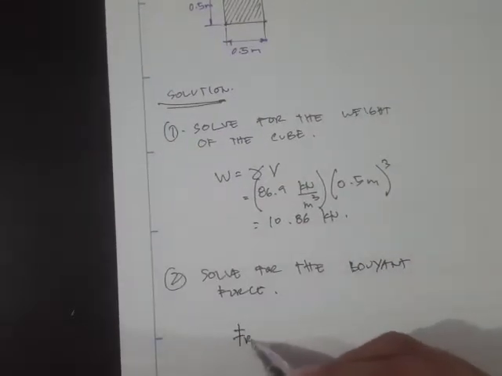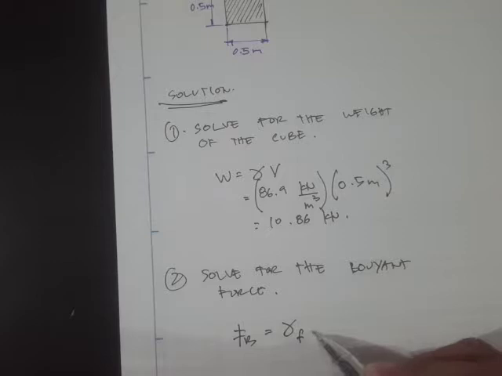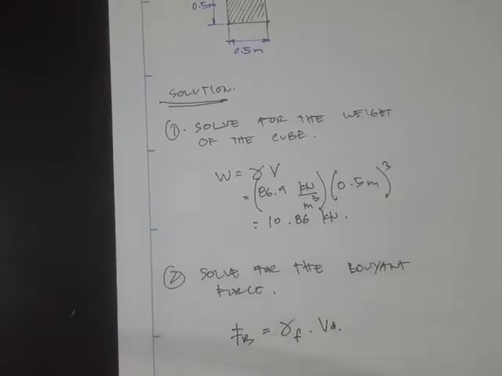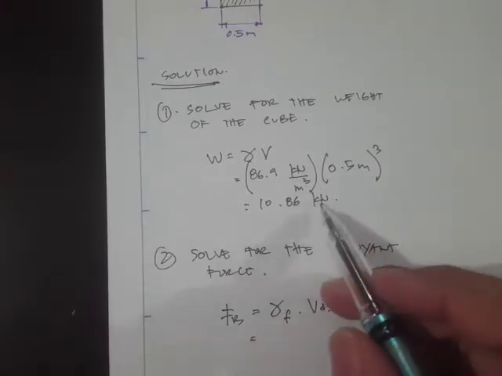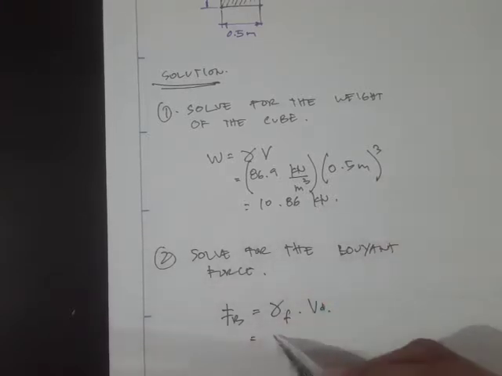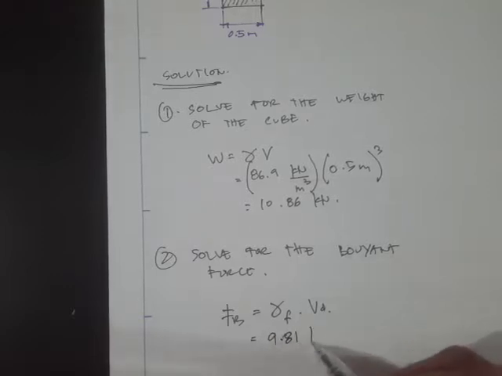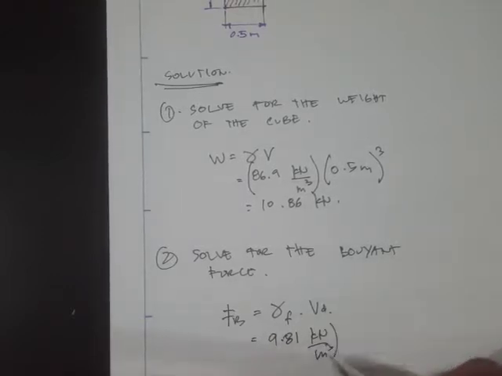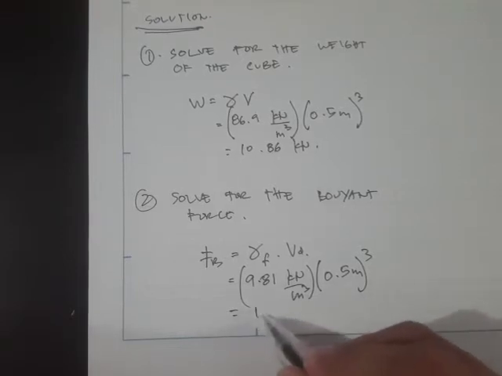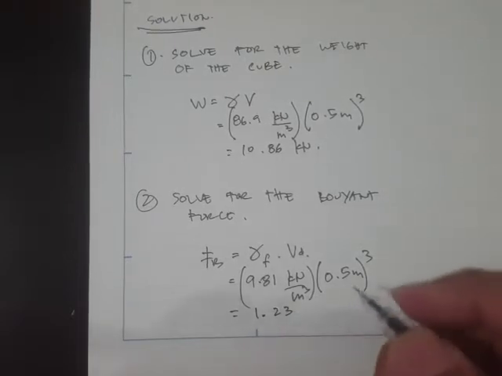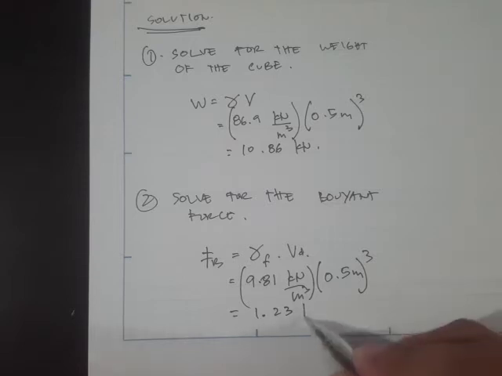F sub B is equal to the unit weight of the fluid times the displaced volume. That's 9.81 kilonewton per meter cube times the volume, which is 0.5 meters raised to 3. If you do the math, what you get is 1.23 kilonewtons.